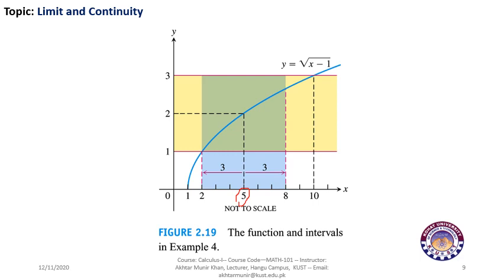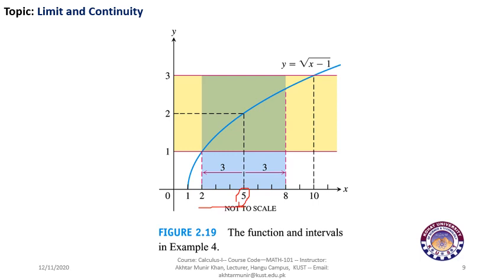Its limit at x equal to 5 is the square root of 5 minus 1, which is the square root of 4, which is equal to 2 in this case. So within this interval we can see that for the interval 2 to 8, the range values are lying in the interval 1 to 3.